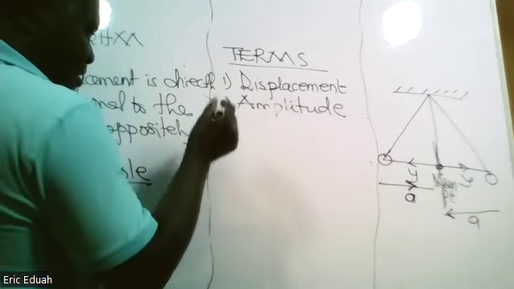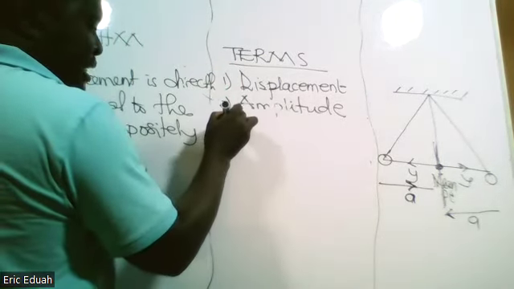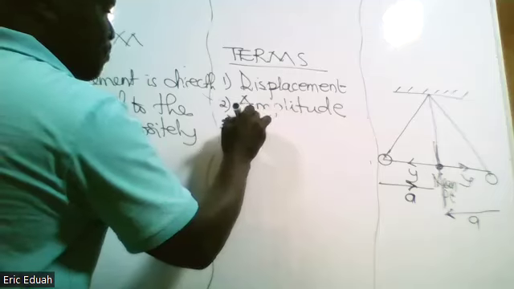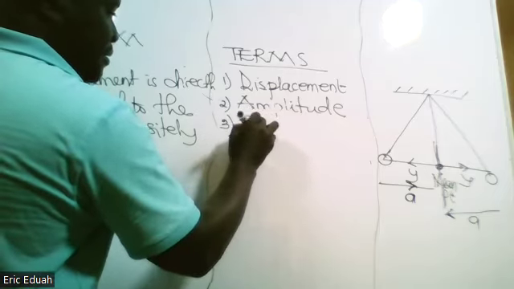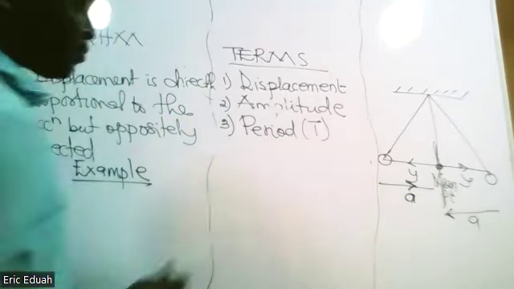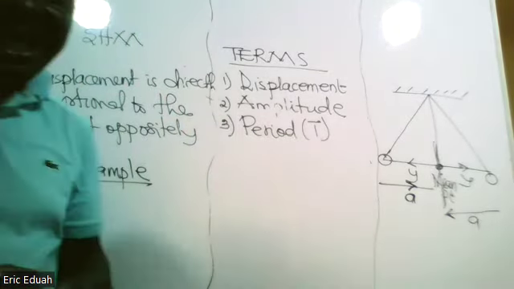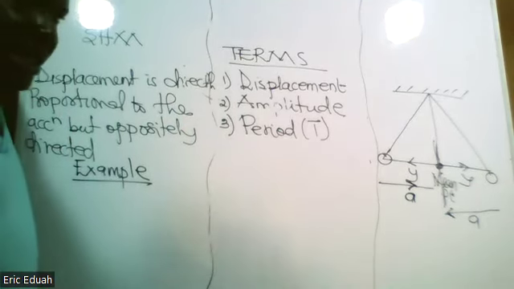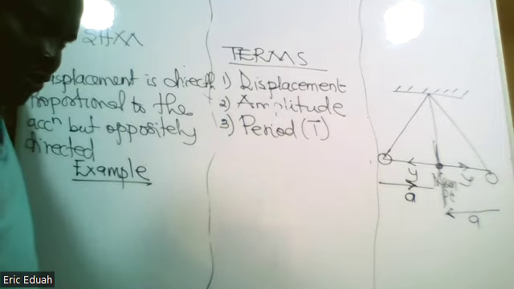Then, the third important term is the period. The period is the time taken for an oscillating body to make one complete oscillation.